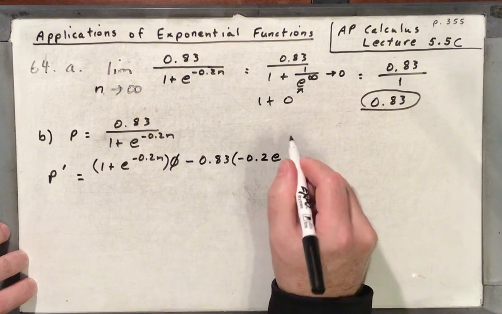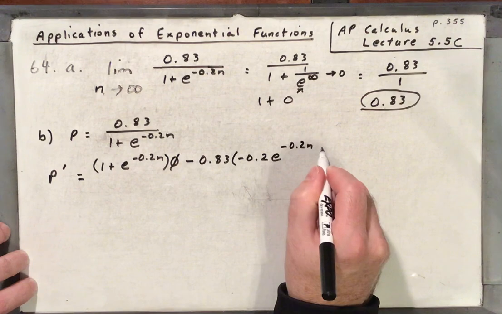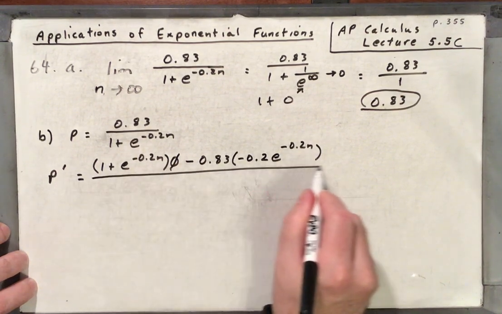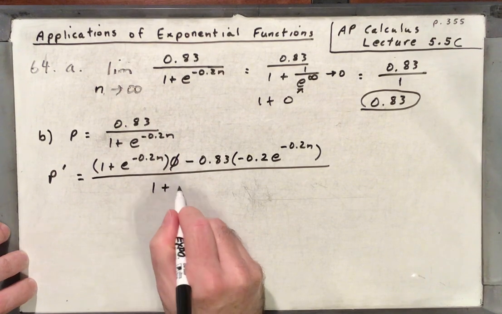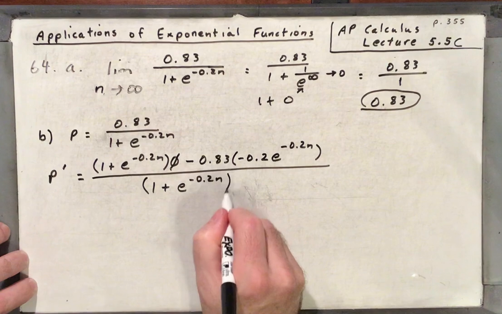So times negative 0.2 e to the minus 0.2n, all over the bottom squared, 1 plus e to the minus 0.2n, all squared.